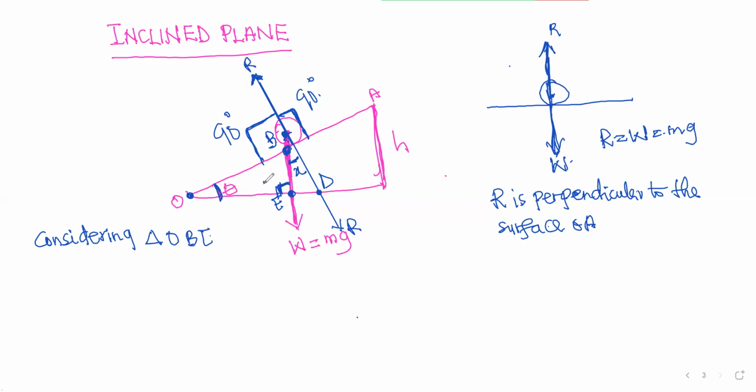So this is also 90. If this interior angle of the triangle is theta, and this is 90, class, what will be this angle?